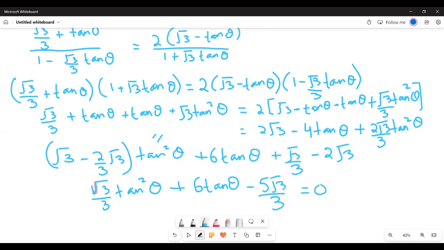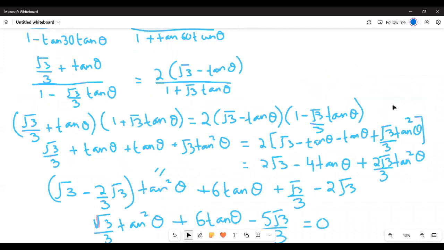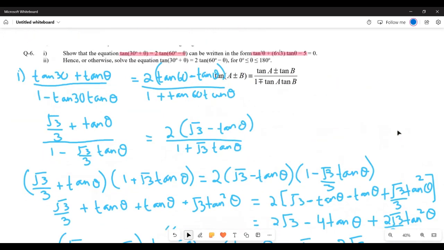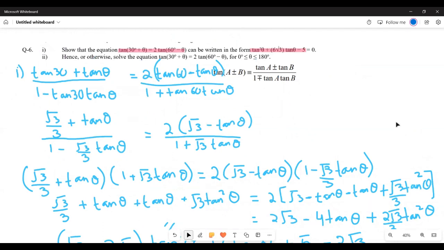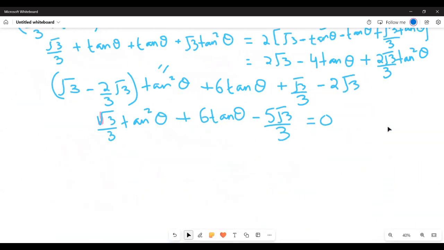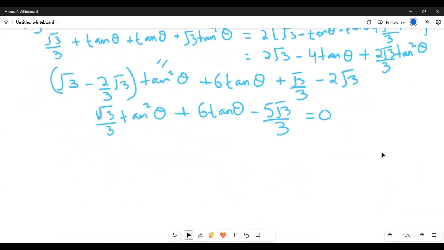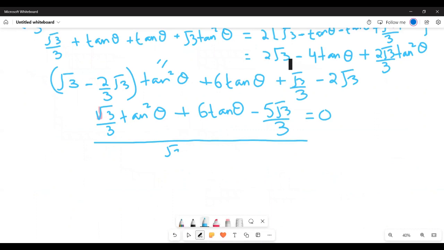Okay. So what are we supposed to show? Tan square theta, the coefficient of tan square theta is 1. So I'm going to divide both sides with under root 3 upon 3, so that the coefficient of tan square theta becomes 1.